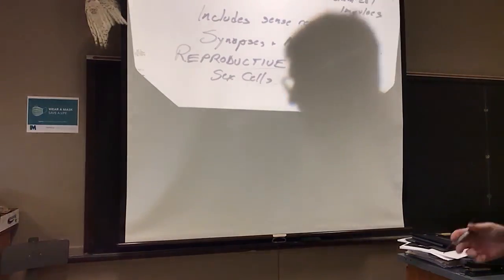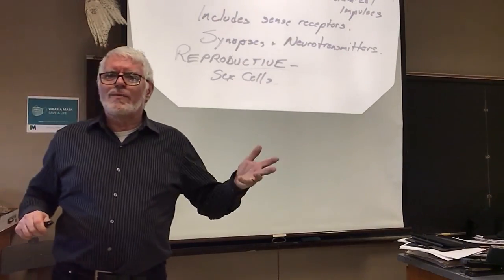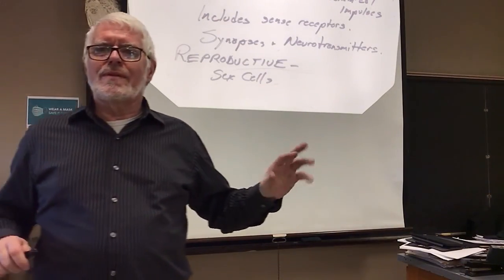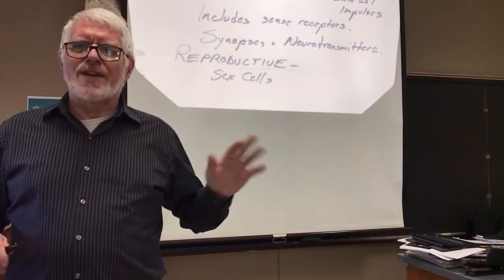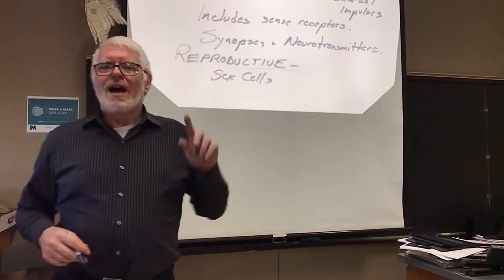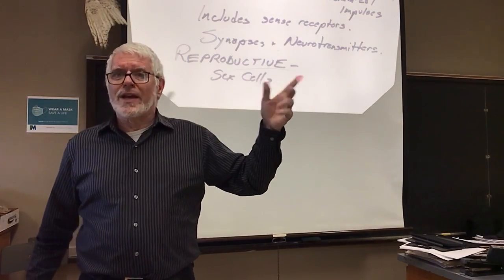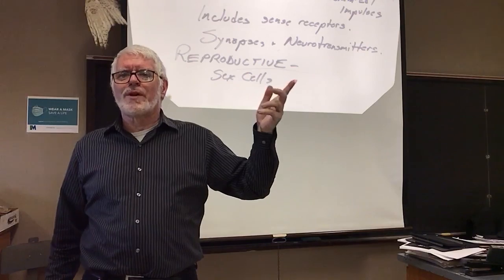Reproductive isn't always considered a tissue, and it gets different names. The old name was stem tissue, but with stem cells, they've kind of gotten away from that because stem cells and stem tissue are not the same thing. Sometimes you hear it called germ tissue. That's an even older one. Typically, when it is considered a separate tissue, it's reproductive tissue.